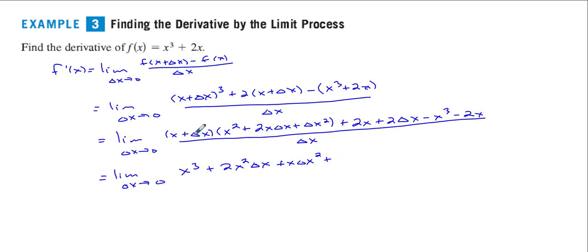Now distribute the delta x through. x squared delta x. 2x delta x squared. And then plus delta x cubed. And then the rest of this stuff. Minus x cubed minus 2x. Fit it all in. Sweet.